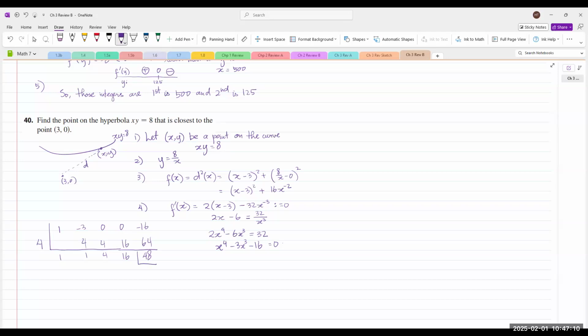I'm checking my work. Yeah, I don't see any mistake though. Divided by 2. Huh. So how do I get this without working too hard?